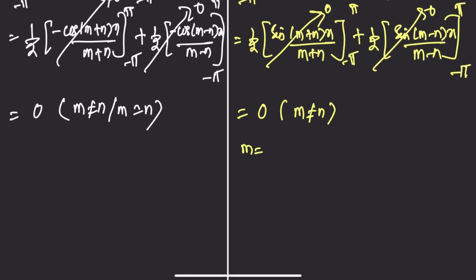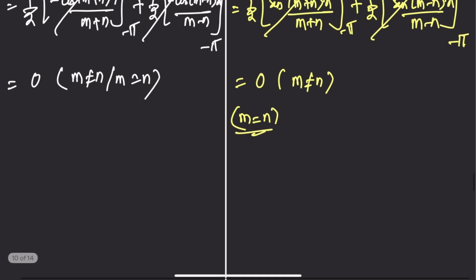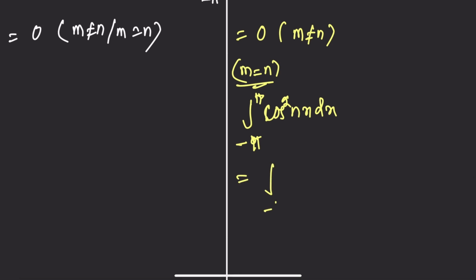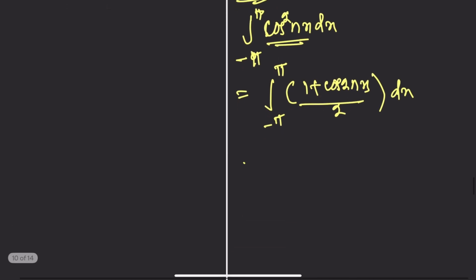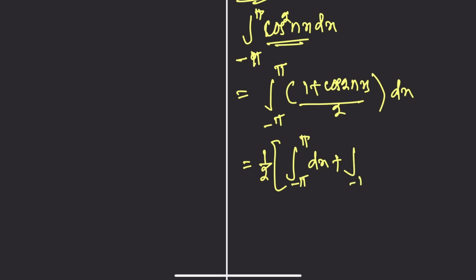Okay, for the condition m equals n, the integration becomes integral from minus pi to pi of cos square nx dx. We can write cos square nx equals (1 plus cos 2nx) by 2. Take 1 by 2 common: integral from minus pi to pi of dx plus integral from minus pi to pi of cos 2nx dx.